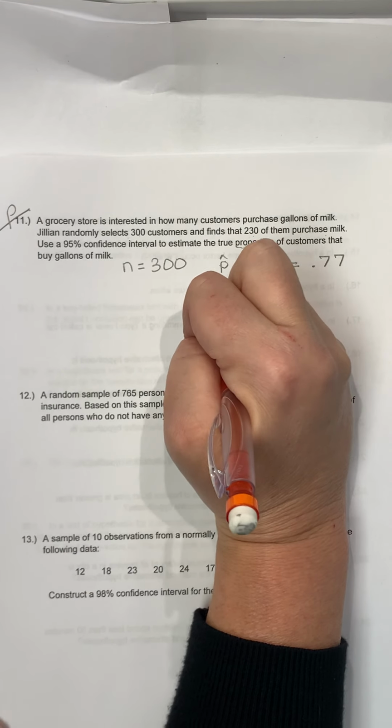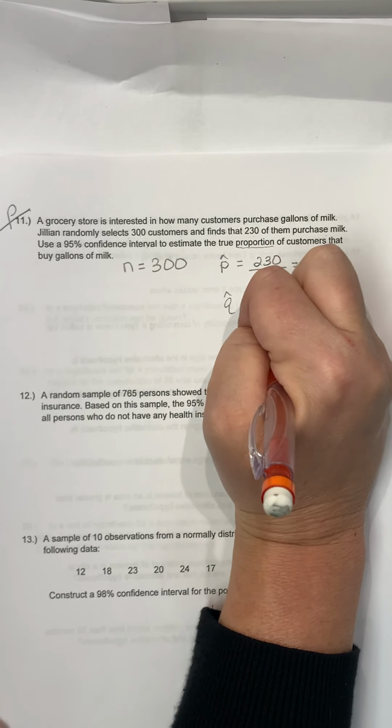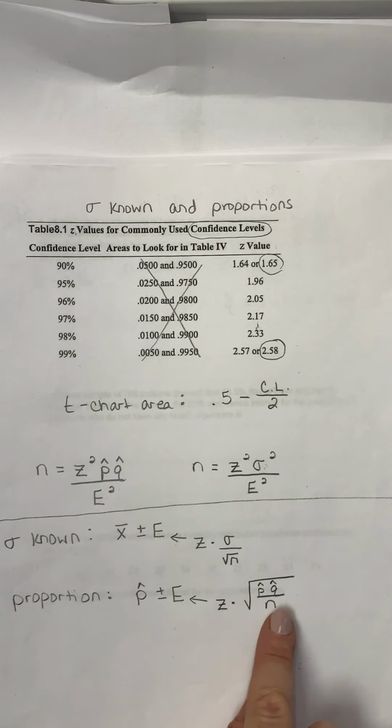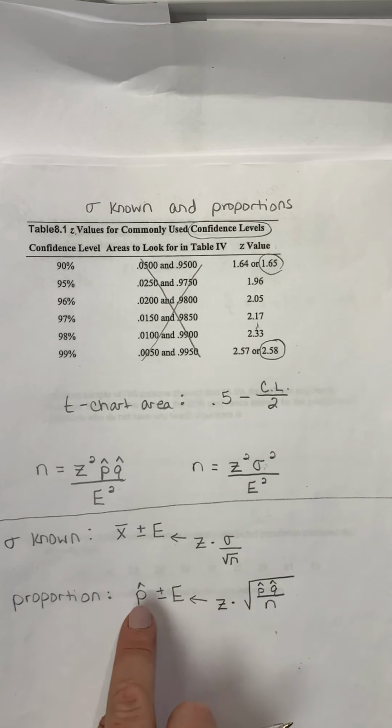Okay? And then of course you need a q hat, so 1 minus 0.77 is 0.23. And then this 95%, we just go to our Z chart and it's 1.96. All right, so we're still dealing with proportion. We got our Z from here. So now we're going to find E, our margin of error, and we're going to do p hat plus or minus it.